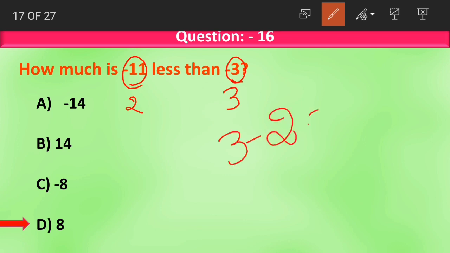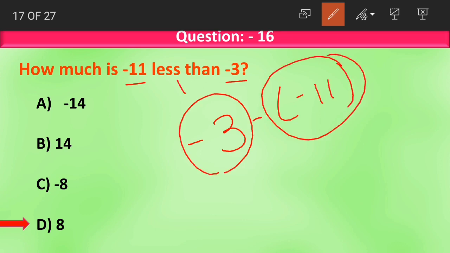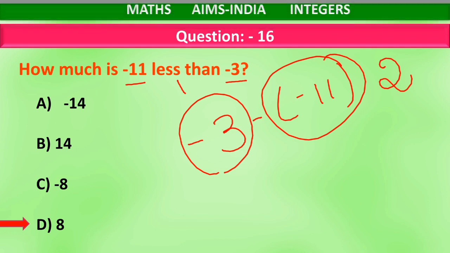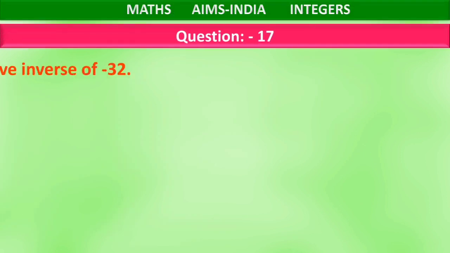You will subtract 2 from 3. 3 minus 2 will give us 1, right? In the same way, when they are asking minus 11 less than minus 3, you have to subtract minus 11 from minus 3. Minus 3 comes first and minus 11 comes second. Okay class, clear?